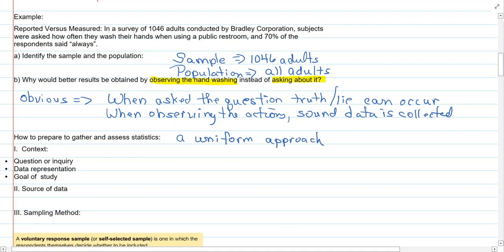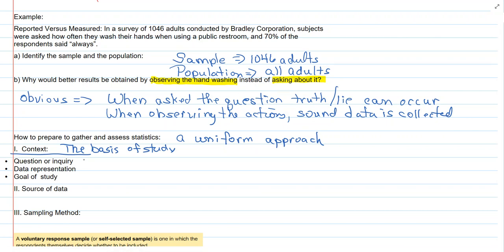Okay, so we talk about the context, and this means the basis of the study. That means we have to start with either a question or inquiry, a question or study.